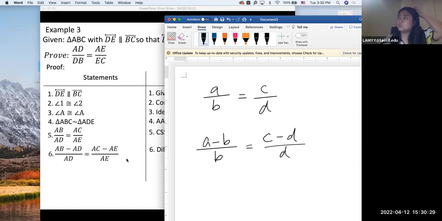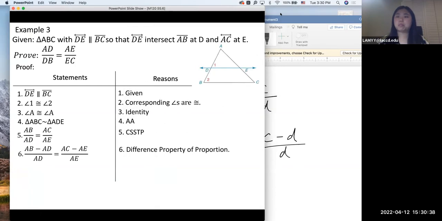That would make more sense. We just apply this formula. And then AB minus AD will be left with DB here. So DB over AD equal to EC over AE.